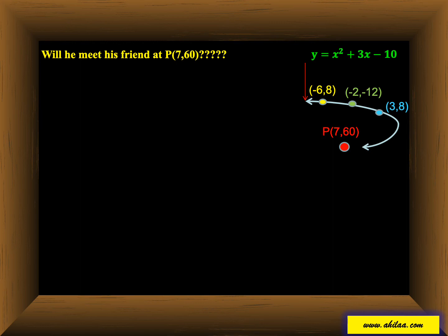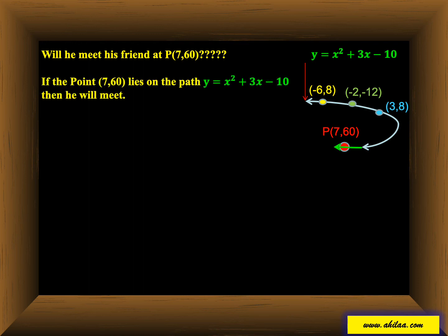If he wants to meet his friend, this point should lie on the path. If the point (7, 60) lies on the path y equal to x square plus 3x minus 10, then he will meet his friend.